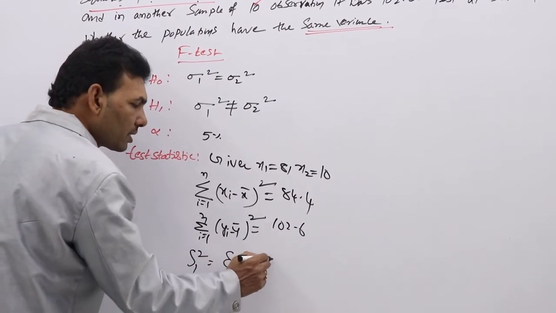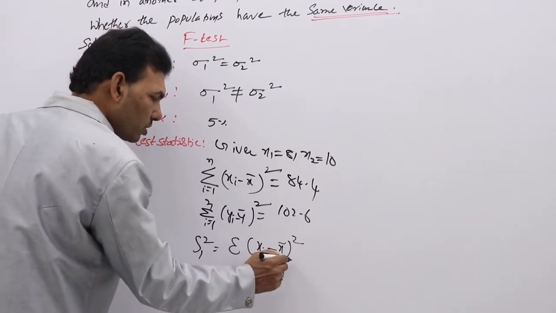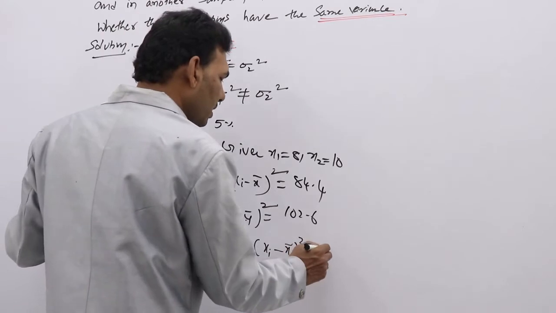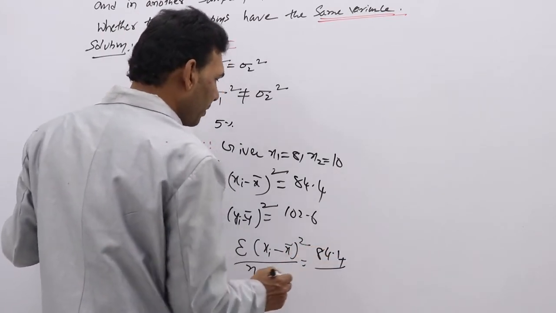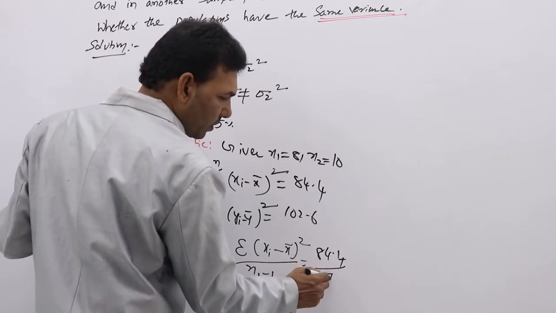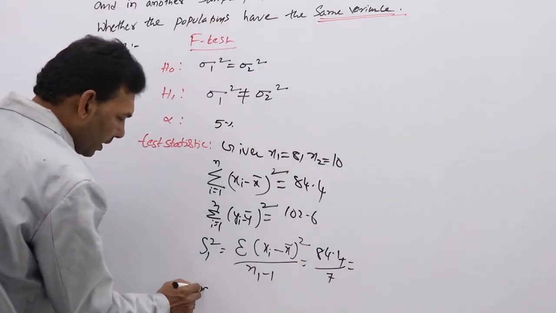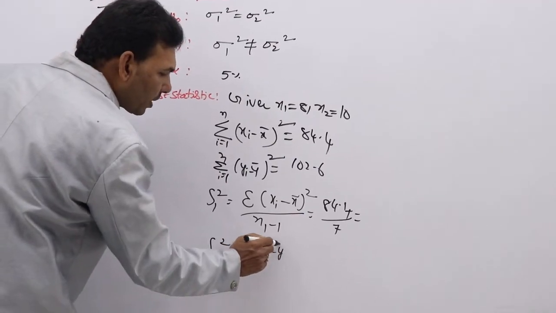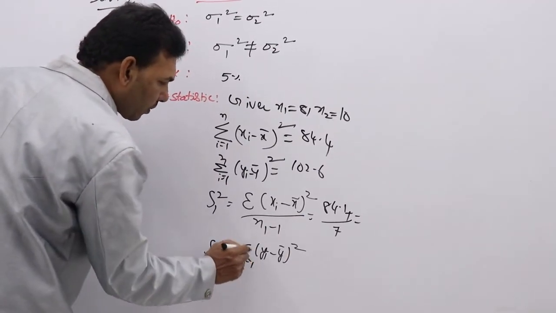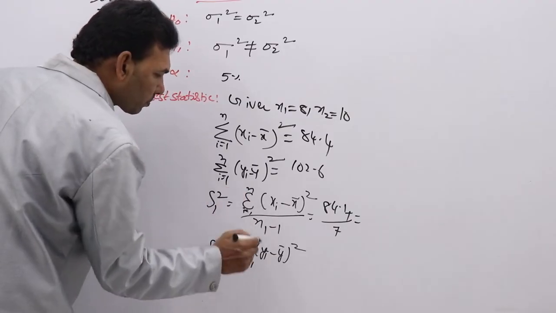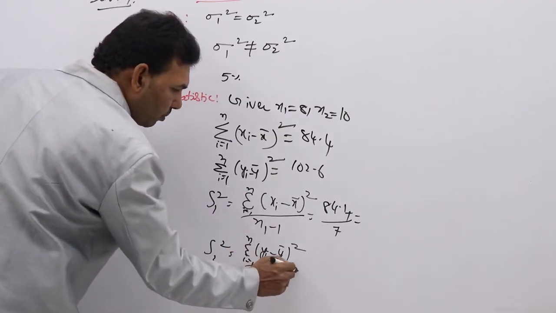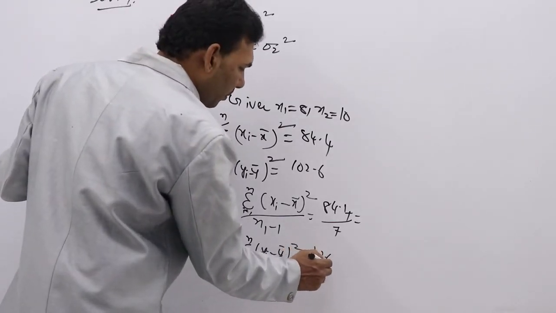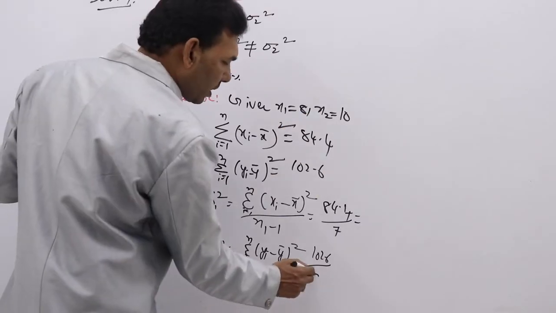Now we need to calculate S1 square and S2 square. S1 square is sigma (xi minus x bar) whole square by n1 minus 1. Its value is 84.4 by n1, 8 minus 1, 7. Similarly, S2 square, sigma (yi minus y bar) whole square by n2 minus 1, that is 102.6 by n2 minus 1, 9.